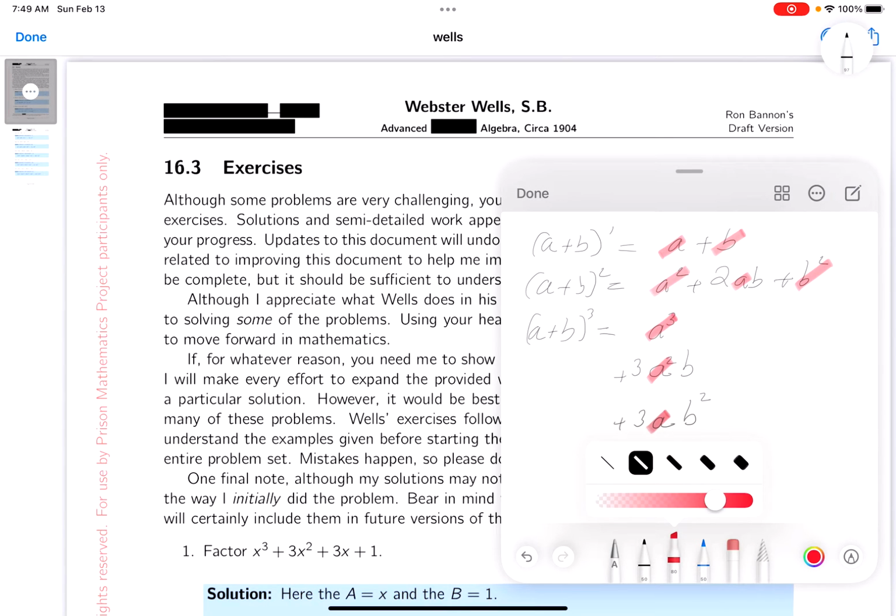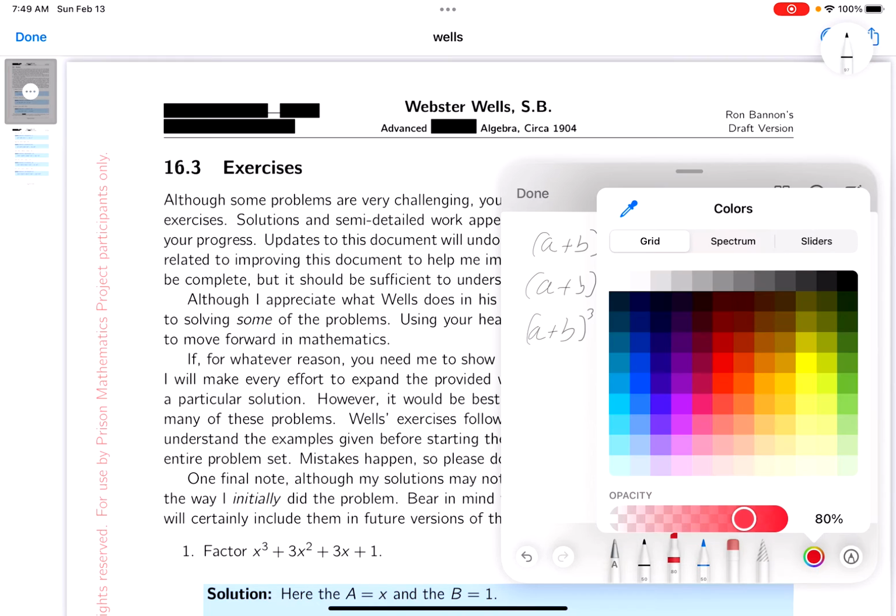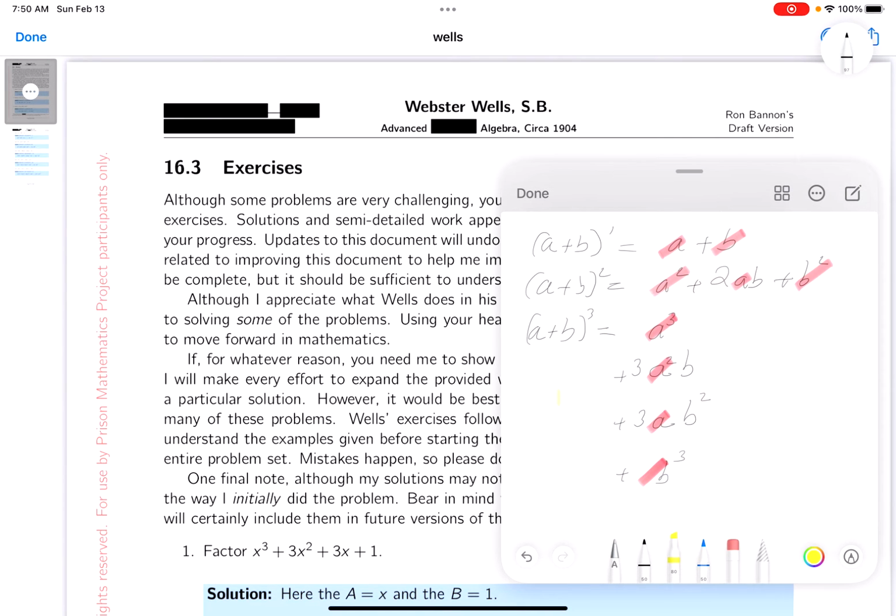And the b's, let's get the color out here, yellow. None, 1 b, 2 b's, 3 b's.